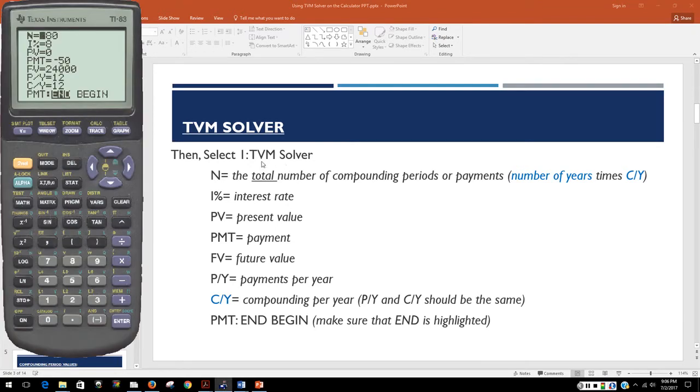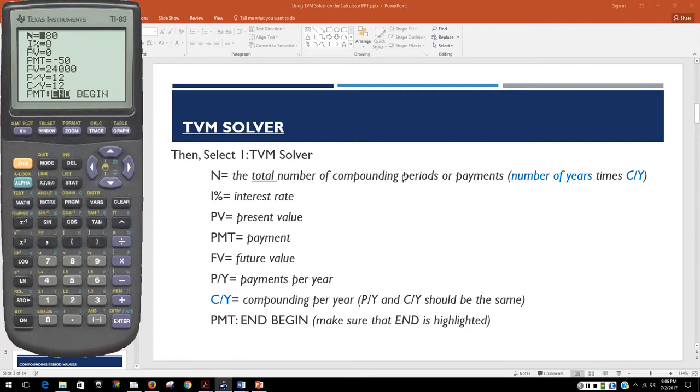When you select the TVM solver, N is equal to the total number of compounding periods or payments. Compounding periods means how often does it compound interest, either on your loan or on your savings account or your investment, or how often do you actually pay into it, and those actually need to be equal.